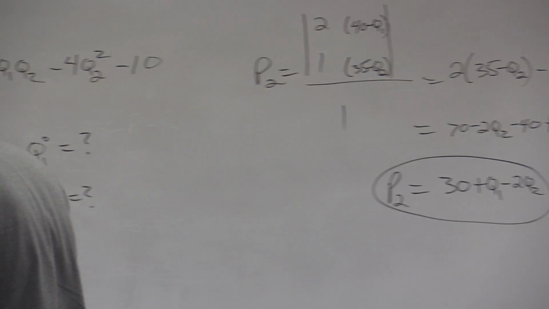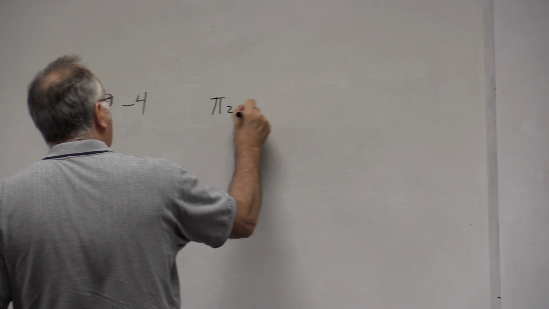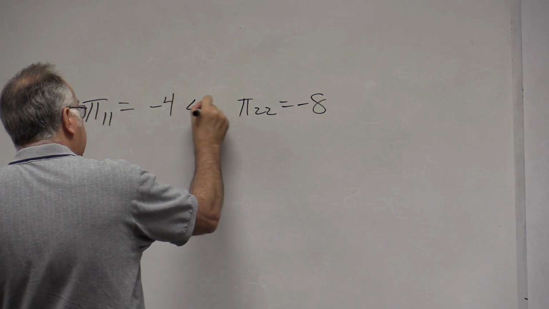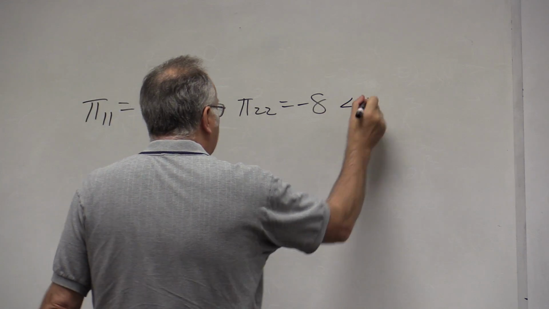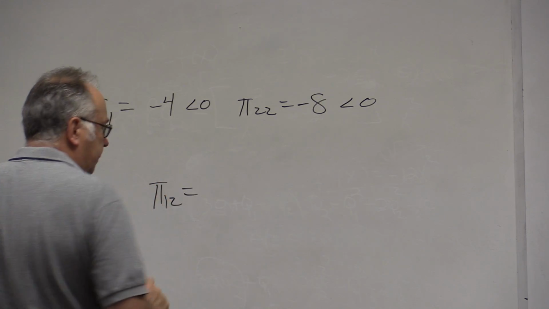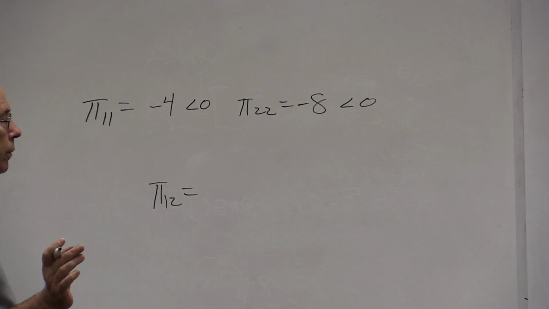In this case, we don't, because it's always -4 for all values of q1 and q2. What about pi 2, 2? All right. So this is always negative. What about pi 1, 2?